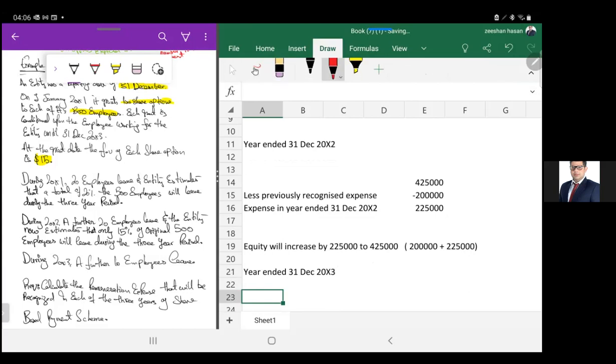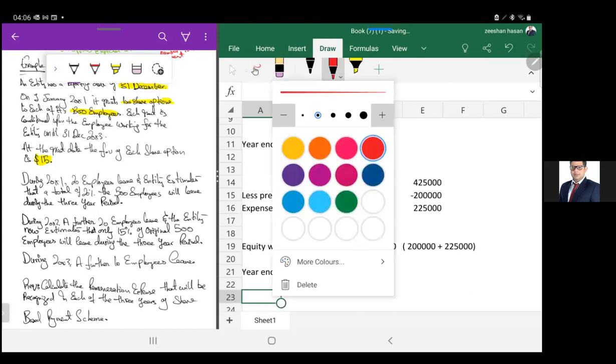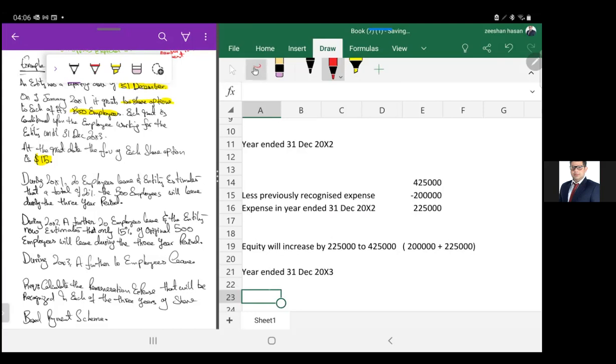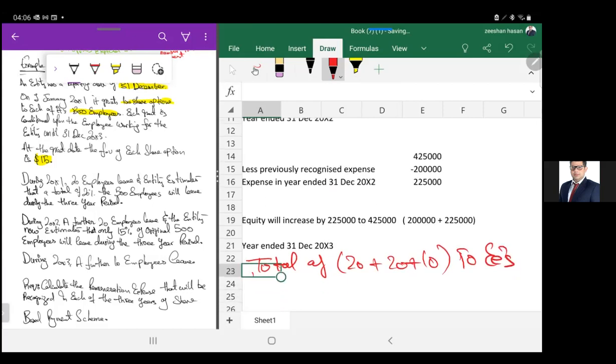So in this case, as you can see, a total of how much? First 20 gone, in the second year 20 gone, and now 10 employees gone. So a total of 50 employees left during the vesting period.